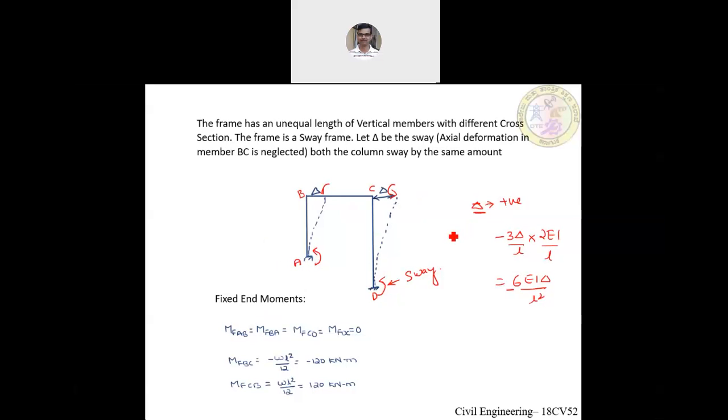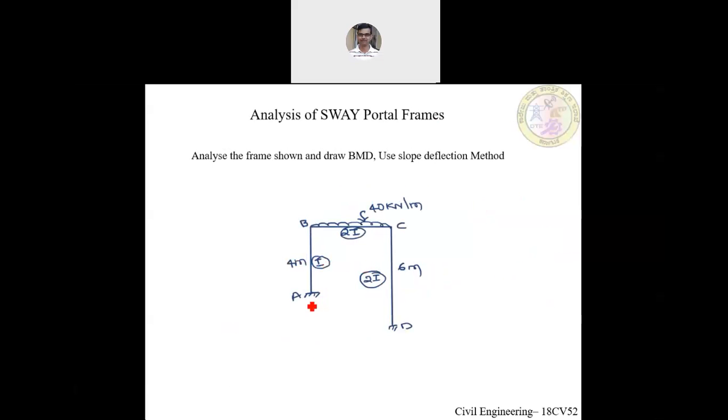Now we'll proceed with the problem in a similar way to how we have done non-sway frames and continuous beams, and let us see how this additional unknown parameter can be calculated. Now, calculating the fixed end moments, looking at the problem, member AB and member CD are not loaded. The member loading on these members is zero.